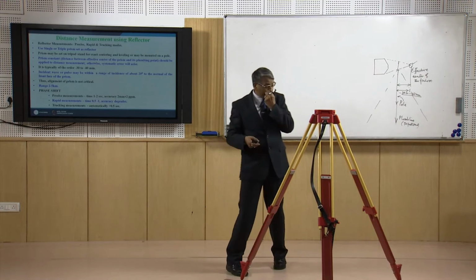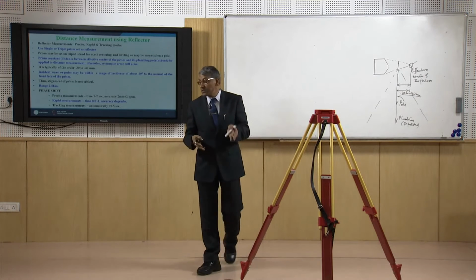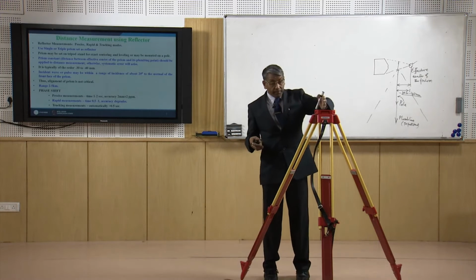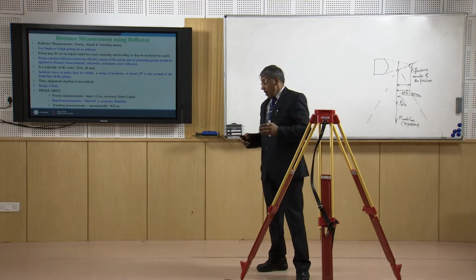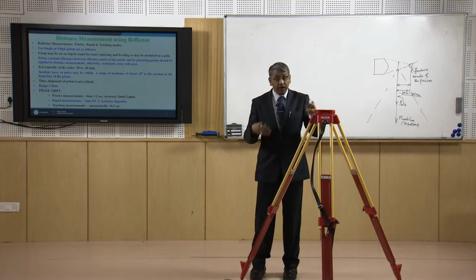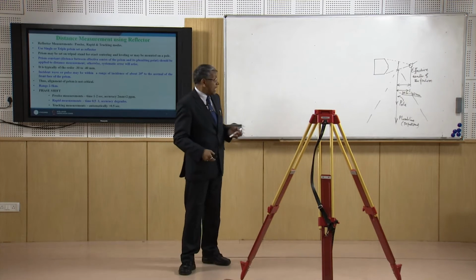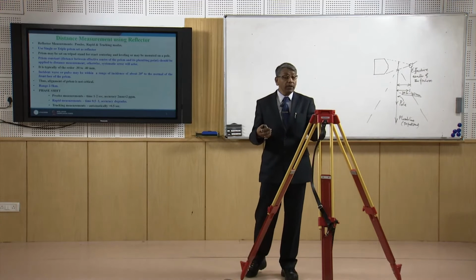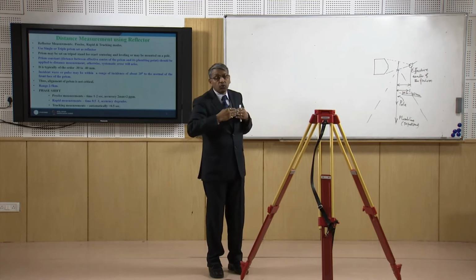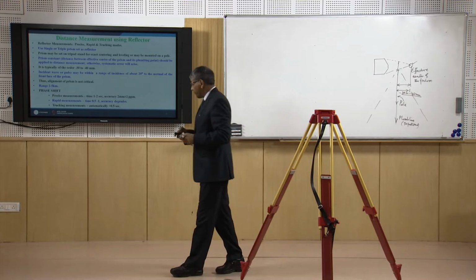It is advantageous in using a prism that we need not be very critical about its alignment. Now, by using the prism as the reflector, or reflector based measurement using a total station, the range of measurement may be from 2 to 5 kilometer distance. So, this is a very important thing: if the line of sight is clear up to 2 to 5 kilometers, we will be able to take measurement using the reflector.